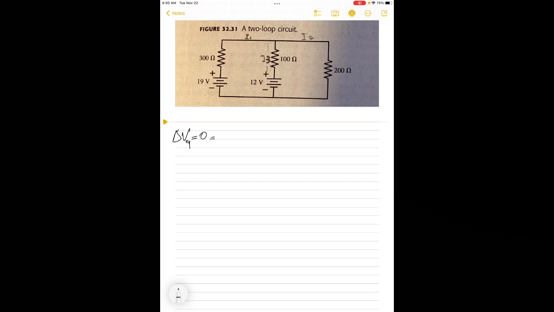That means whatever goes in must come out, and we're going to do the first loop, and that's the 19 volt.